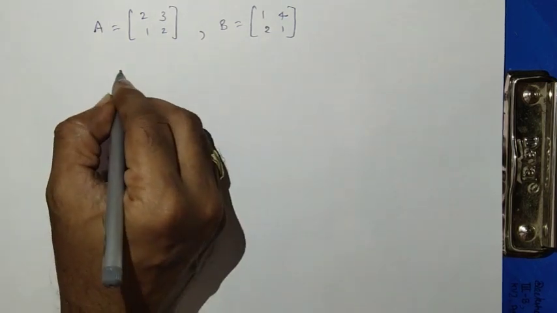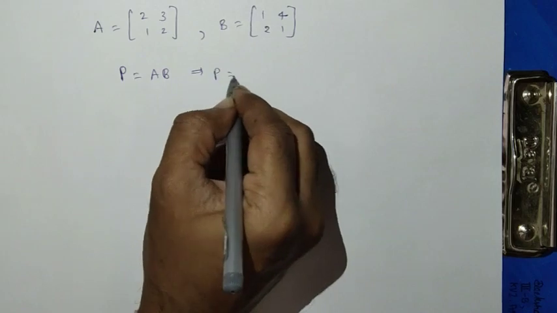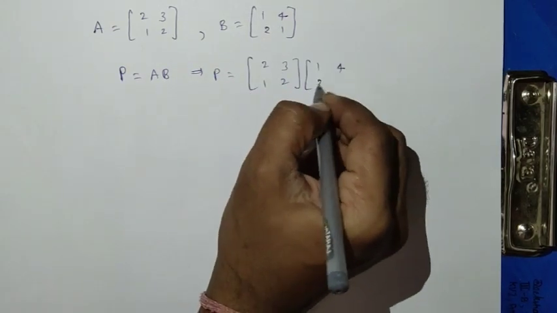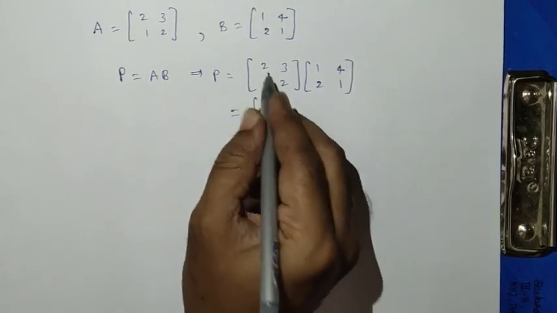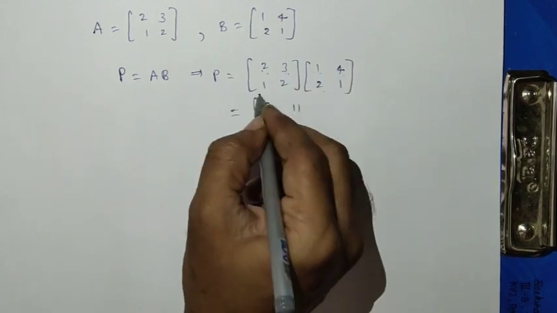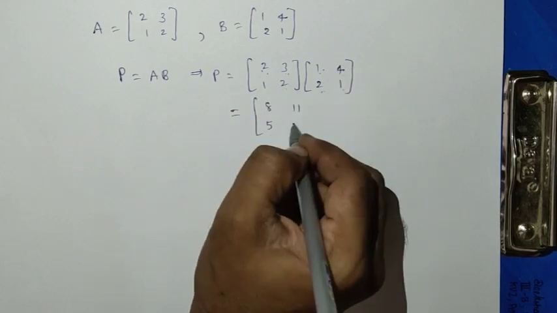Now I want to take the product matrix as A into B. After finding the product matrix A into B, with [2 3; 1 2] and [1 4; 2 1], let me multiply. 2 ones are 2 plus 6 is 8. 8 plus 3 is 11. 2 ones are 2 plus 4 is 5. 4 plus 2 is 6.